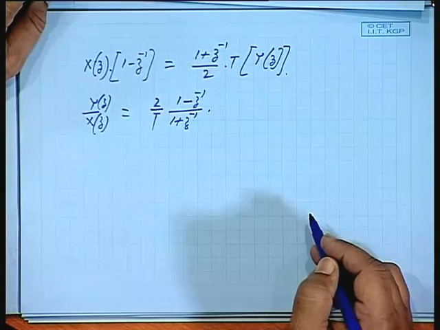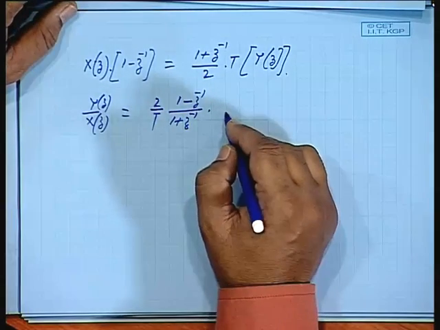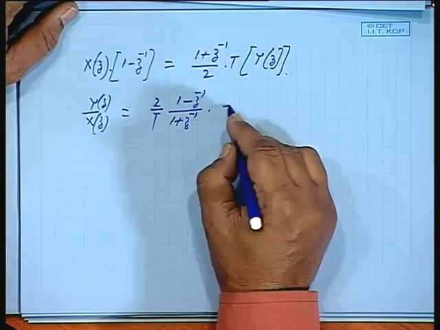Is it all right? So, this is known as the bilinear transformation.